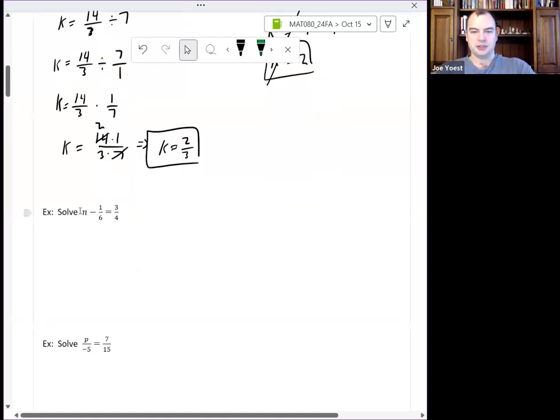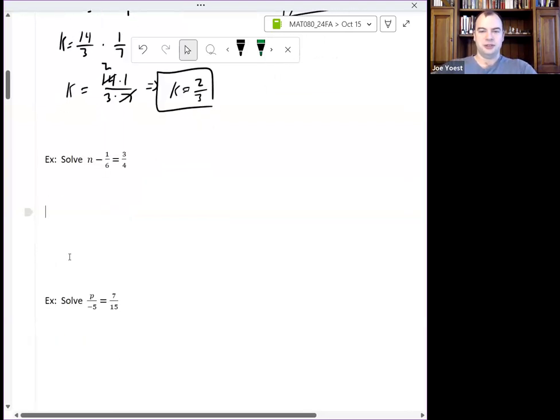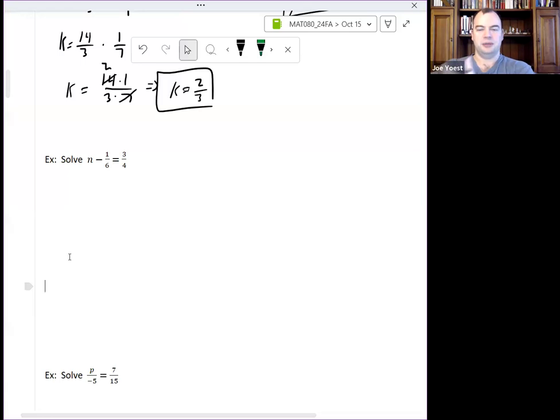If I have something like this, I want to solve n minus 1/6 equals 3/4. I have the same kind of setup, right? I have variable minus number equals number. I want to isolate the variable. I add this number. In this case, it's a fraction, but the strategy doesn't change. It's just the number that's subtracted off my variable.